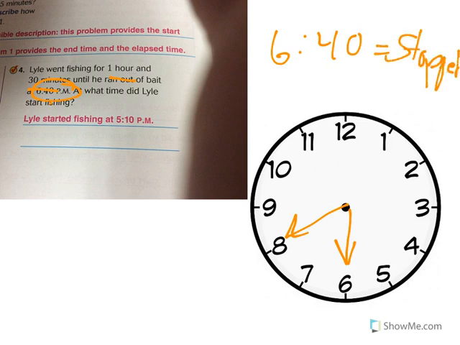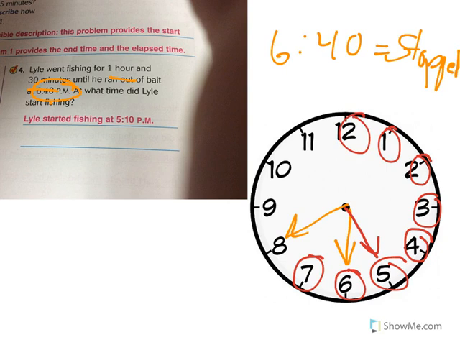Because of that, I'm going to go backwards. Okay, so I can go an hour backwards. So we're going to put it at the 5. And then I'm going to just count 40. So we started on the 8. So 5, 10, 15, 20, 25, 30, 35, 40.